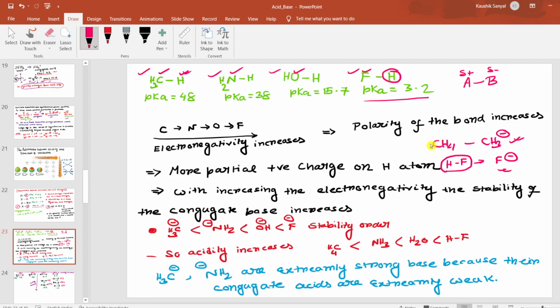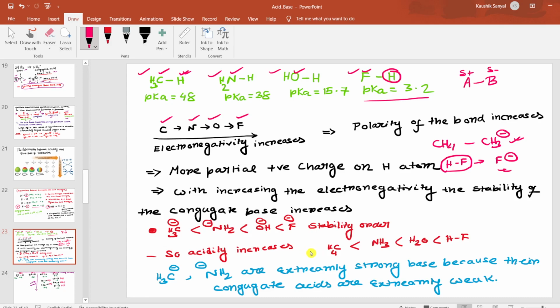The same order is also followed as we go from carbon to nitrogen to oxygen to fluorine. You can see this is the order of the stability of their conjugate base, and the order of the acidity will be its reverse.